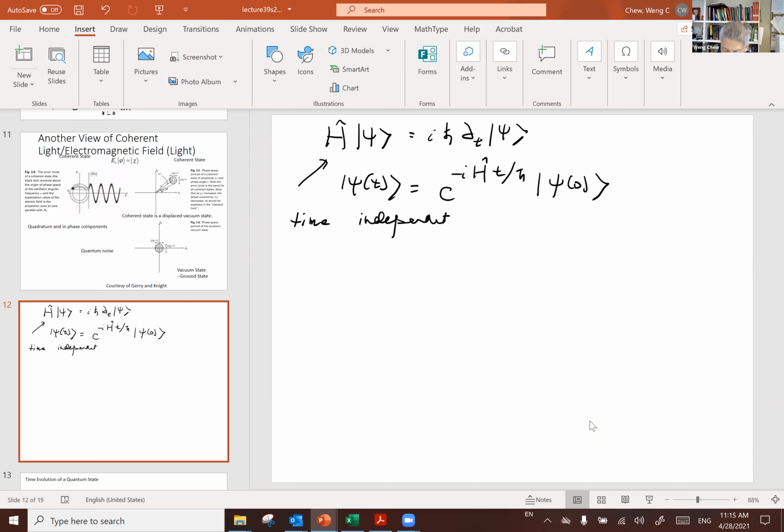Okay, so this is something that you have to learn a little bit more, which is: what is the meaning of the exponentiation of an operator?